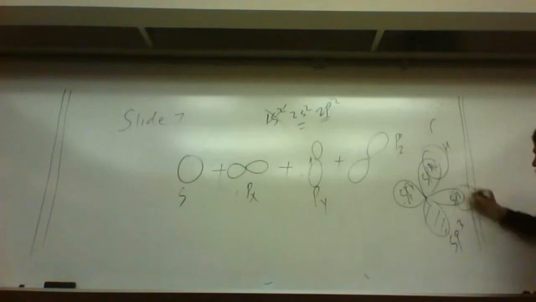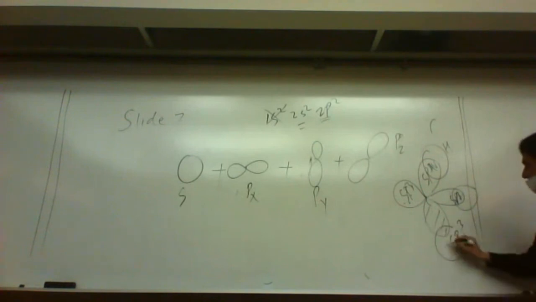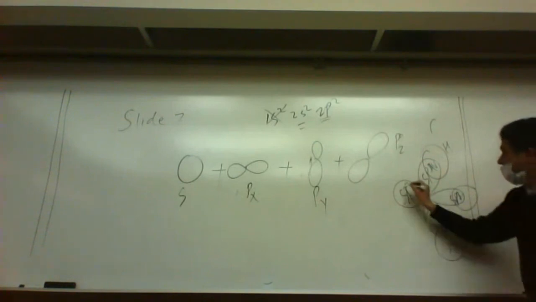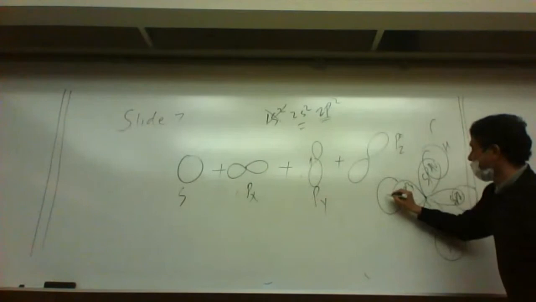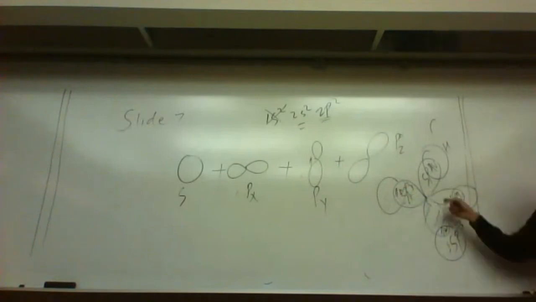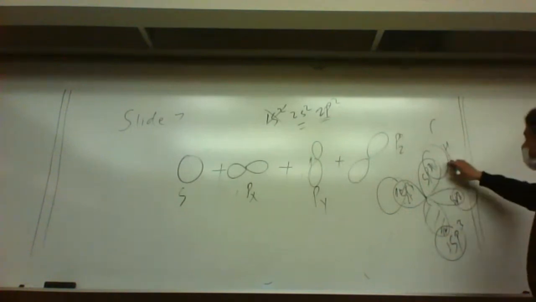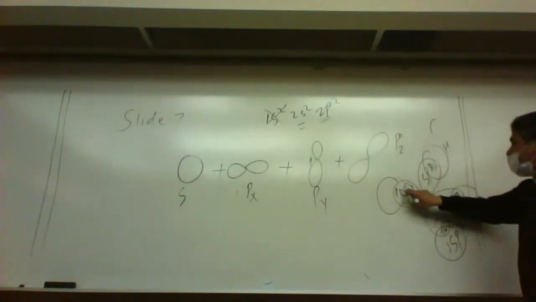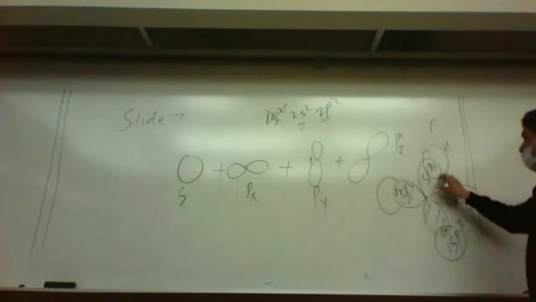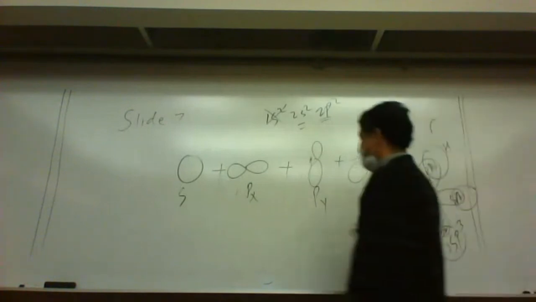Bring another hydrogen from here, make a bond here. Bring another hydrogen here, make one bond here. Bring another hydrogen here and make one bond here. You see here, this is the CH4 molecule. Make sense? So one s orbital of hydrogen overlaps with an sp3 hybrid orbital of the carbon and makes the C-H bond. It's like that.